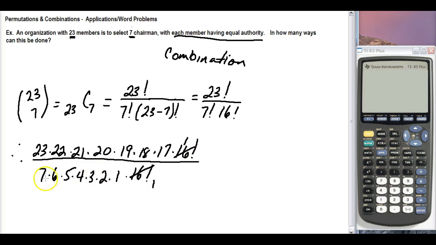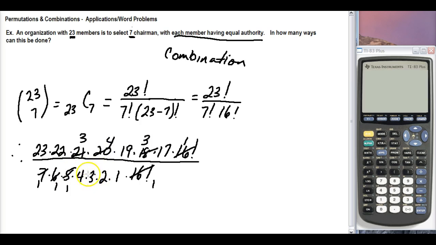And now we need to find numbers down here that are going to reduce with numbers up here in the numerator. So if we look, our 7 goes into 21 3 times. We also see that our 6 will go into 18 3 times. We see that our 5 will go into 20 4 times.